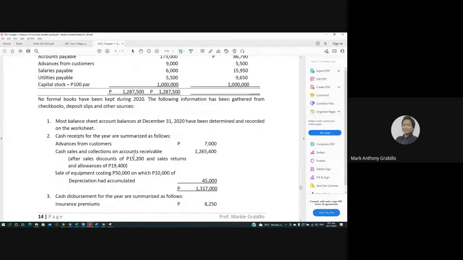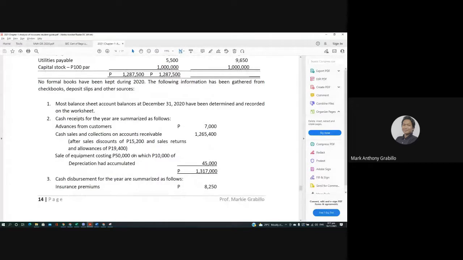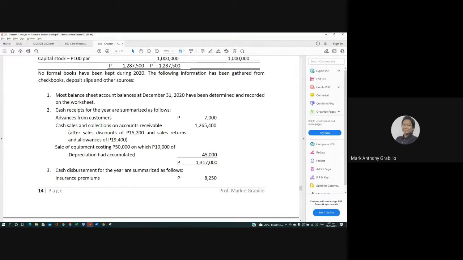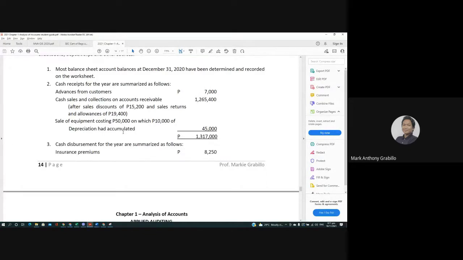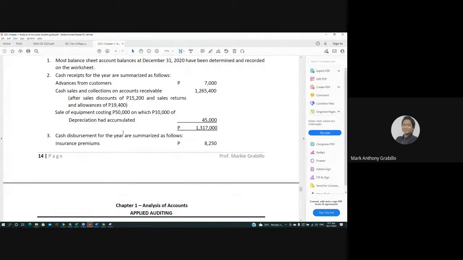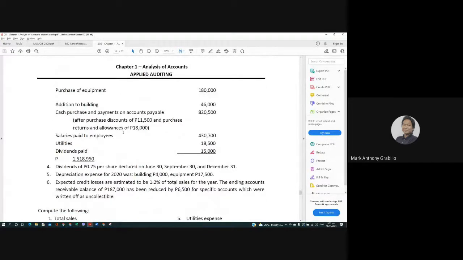Most balance sheet account balances at December 31, 2020 have been determined and recorded on the worksheet. Cash receipts for the year: advances from customers, cash sales, sale of equipment, 45,000. Cash disbursements for the year are as summarized as follows.